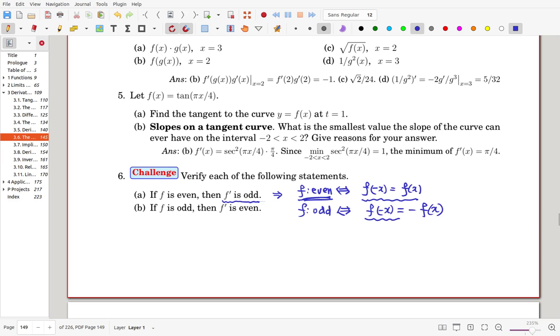Start with your assumption, this one, for part B. And now if you take the derivative with respect to x, then you'll see the derivative will become even. So just simply do it and try to interpret it, and that's it.